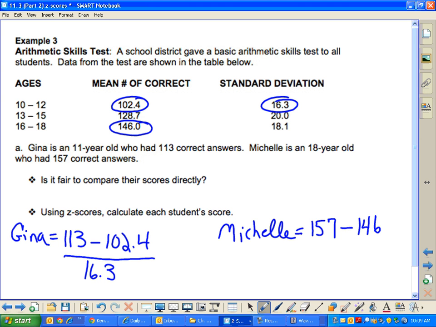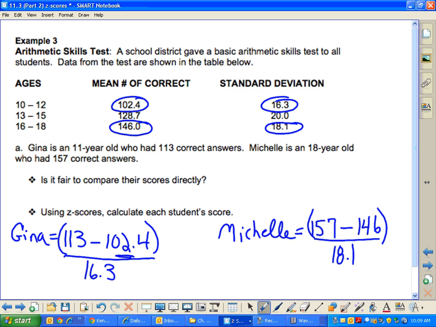Ooh, I hear you clicking buttons. Should probably talk about that for a second. Standard deviation, 18.1. If you have an old school calculator, be careful. When you go to type this in, you do have to put parentheses around your numerator, or else it's going to try to take your 102.4, divide it by your 16.3 first, and then subtract it from 113.